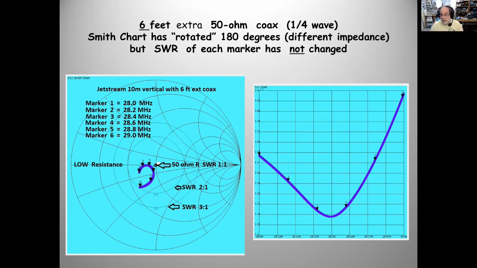Now, there's something magic about a half a wavelength. What's magic about the half wavelength? The impedance duplicates itself. A half wavelength on the Smith chart is rotating around, how far? 360 degrees. Oh, that's kind of weird. So a quarter wave of feed line rotates the Smith chart 180 degrees.